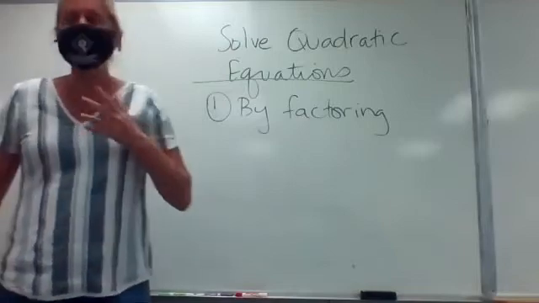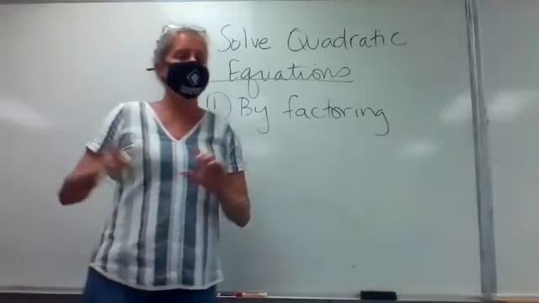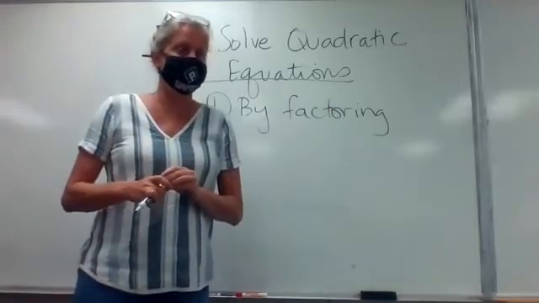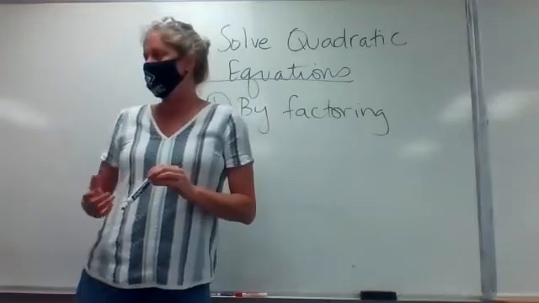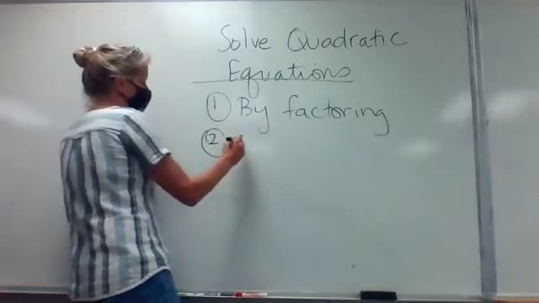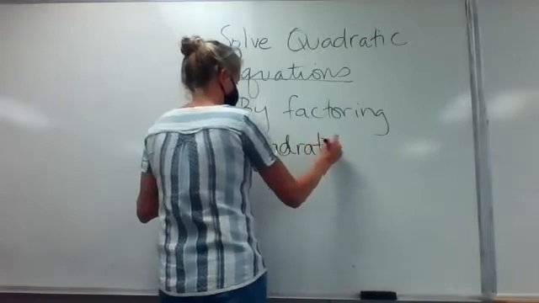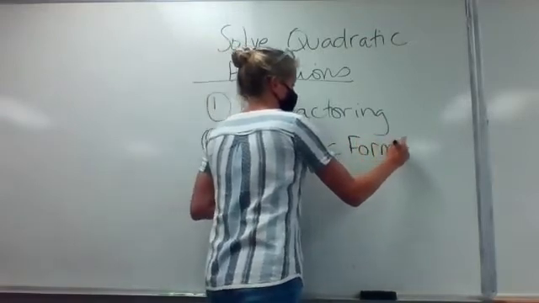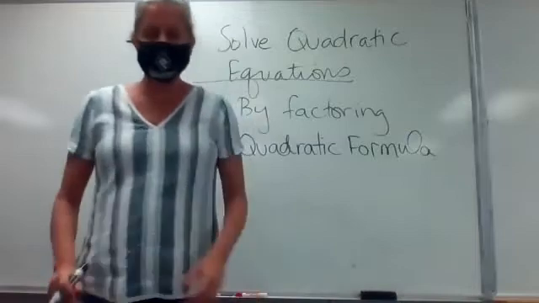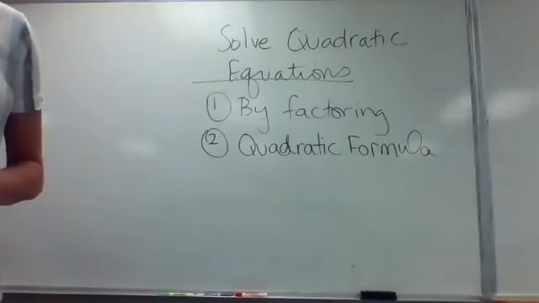And then we have to have another method to solve quadratic equations because not all equations are factorable, and you'll run into a roadblock in the middle if you're using this method. So the other method is, I'm sure you've all heard of it, the quadratic formula. Okay, so those are the 2 methods that we're going to use. And then we're going to see how to do it in the calculator.